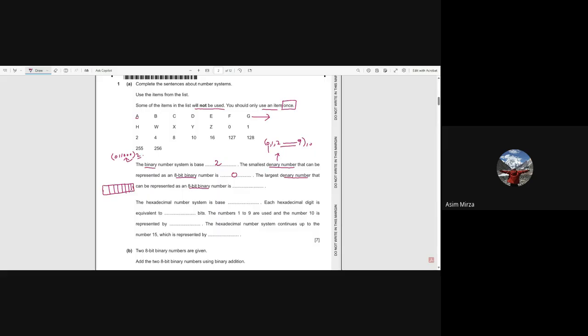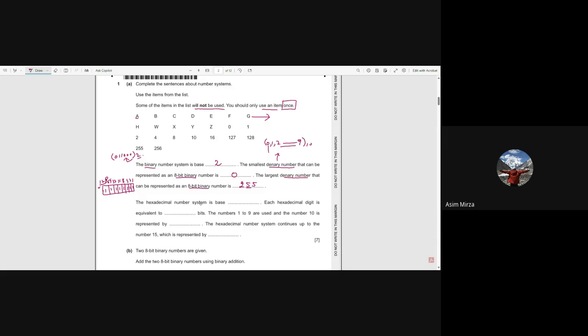So if I turn on all the bits and if you place the formula just above it, the binary formula, of course, I suppose you know it, 1, 2, 4, 8, 16, 32, 64, and 128. If you add all of them, then the largest number you would get, that is 255, right?